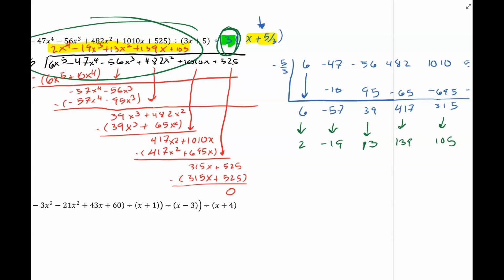But that's reasonable to do, is we kind of made that problem into something we could use synthetic division on. So if there's a remainder, you'd have to divide the remainder by 3 also, yes.